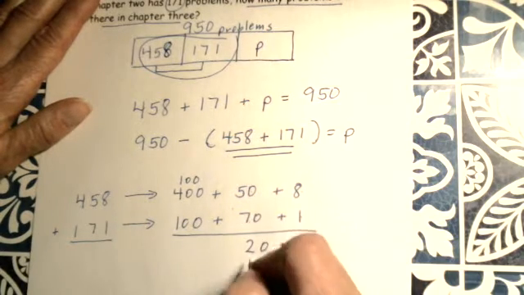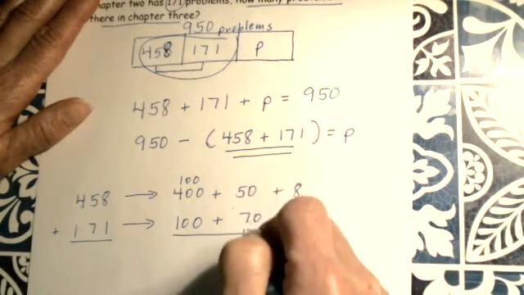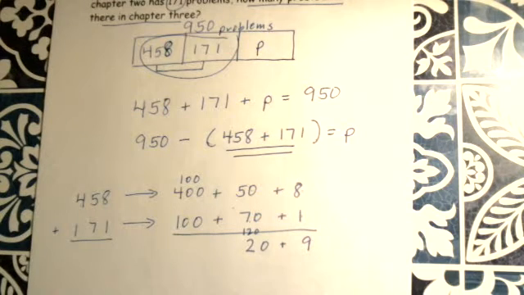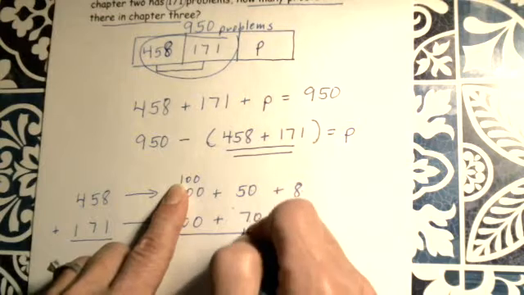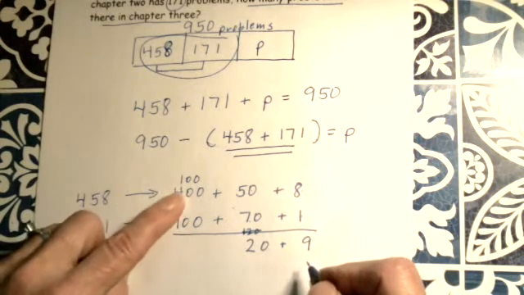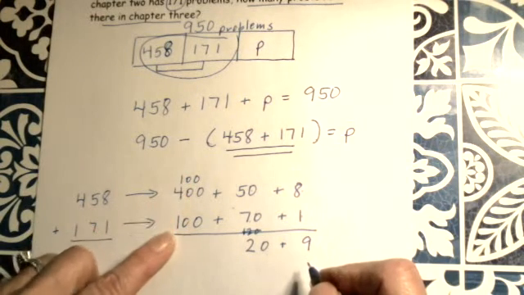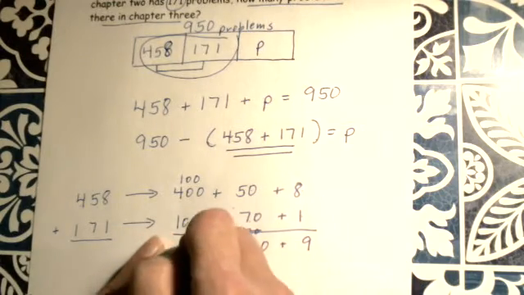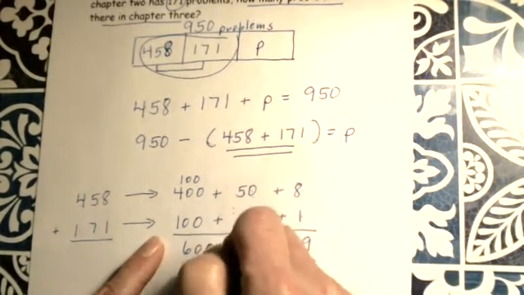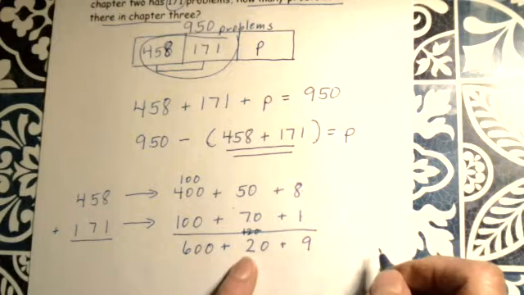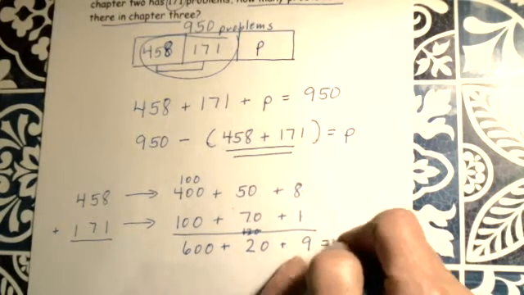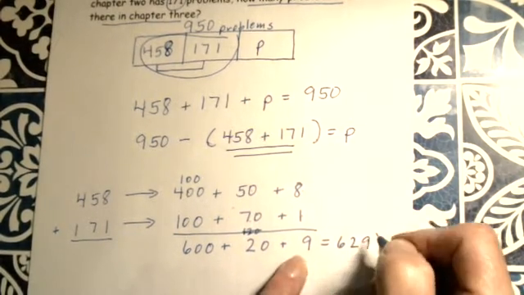You can't put 120 there. You put the tens, 20, and the 100. 100 plus 400 is 500, and 100 more is 600. So 600 plus 20 plus 9, 629.